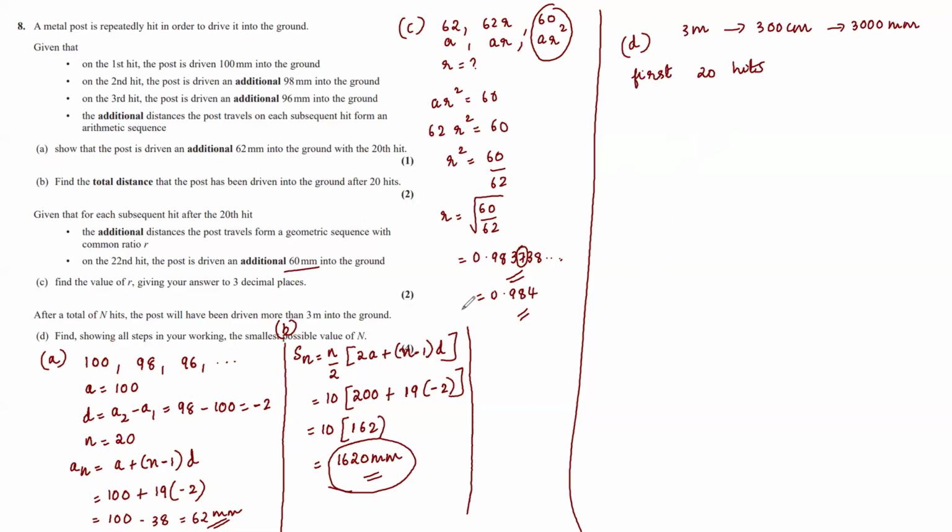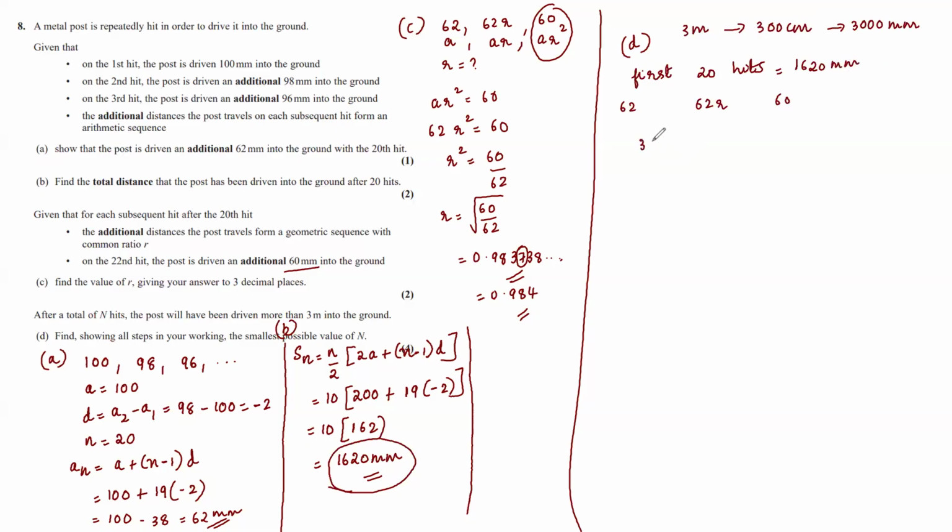Now, after the 20th hit, it starts a geometric sequence, that is 62, 62R, 62R squared. Now, we need to find the sum of n terms for this particular geometric sequence. Total it was 3000. For the first 20 hits, it's already 1620 millimeter deep.